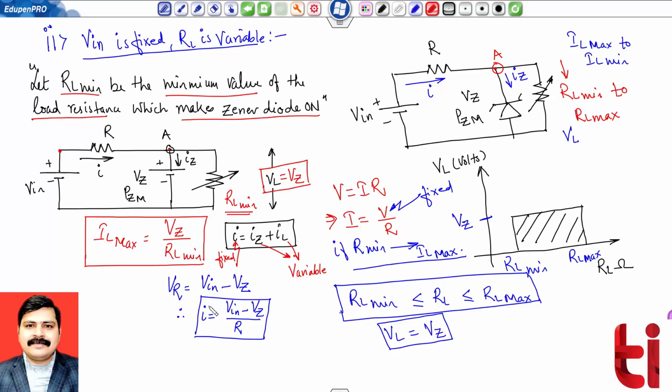So you can check, I have calculated the maximum value of IL. If somehow I am in a position to have the value of IL min, I can get the value of RL max, and that is my objective. So from this relationship I can easily calculate the value of IL min.